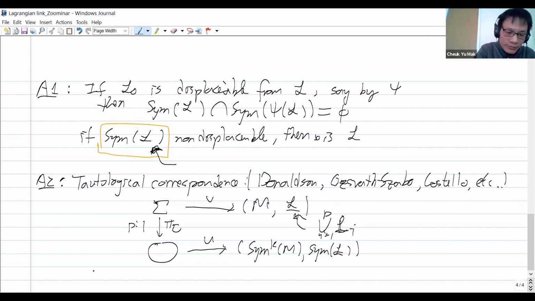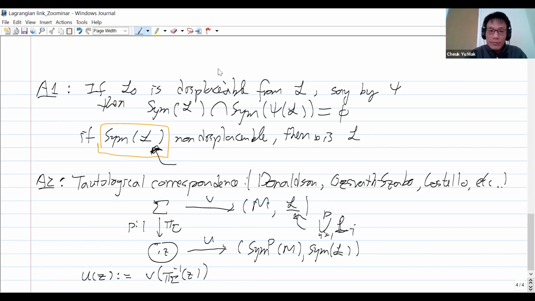In one direction, if you have V and pi, you can define U as follows: take the preimage of a point z in the disk, which gives P points in sigma counted with multiplicity, and then you push it to M.